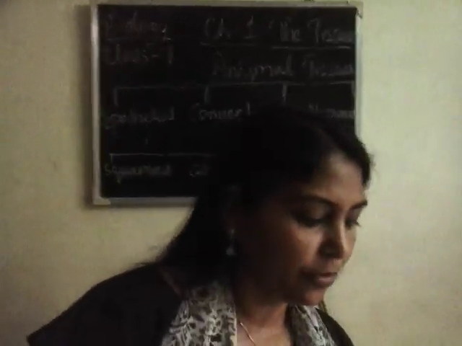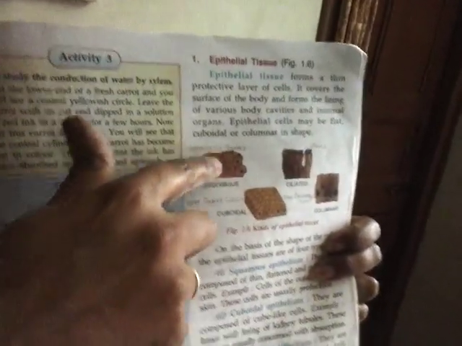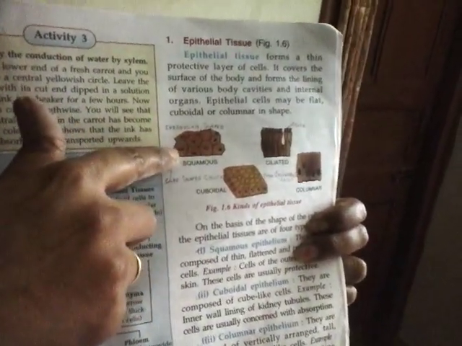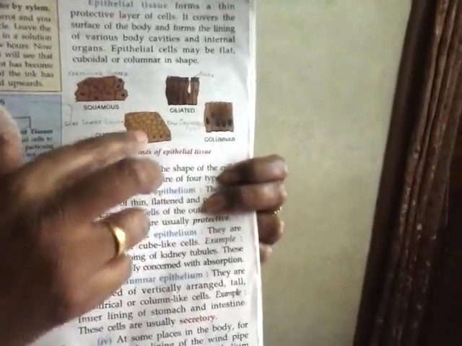Now I am going to show you from the book, and you can see it in your book also. As you can see, this is squamous epithelium tissue. The shape of the cell is almost polygonal, and they are very thin and flat. Then we have cuboidal. You can see here the shape of the cells is cuboid.